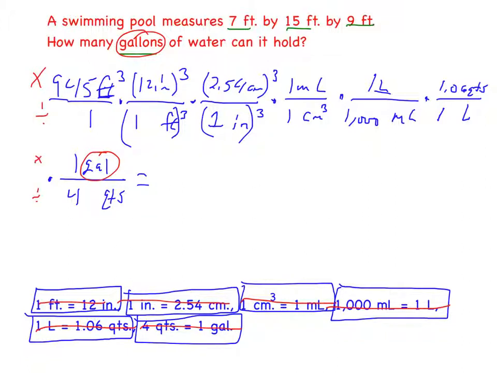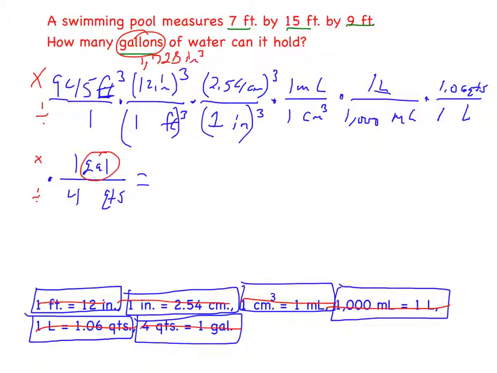Okay, so actually I think first off what we need to do is go through, and everywhere where we have these parentheses with an exponent, we need to figure out what that number is equal to. So let's see here. 12 times 12 times 12 is going to be 1,728 inches cubed, right?